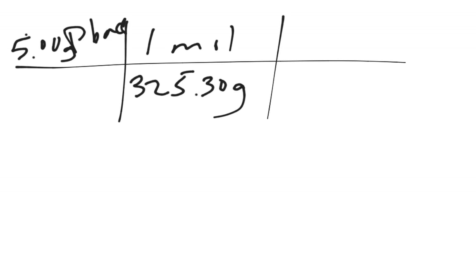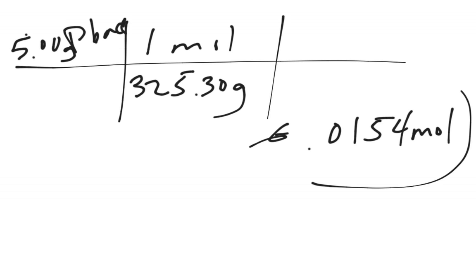Which means when this one is all worked out, it is 0.0154 moles, are all that you get there. So this is definitely going to be my limiting reagent. So by the time everything's all the way done, I'm not going to have any lead acetate left. It's going to be all gone.